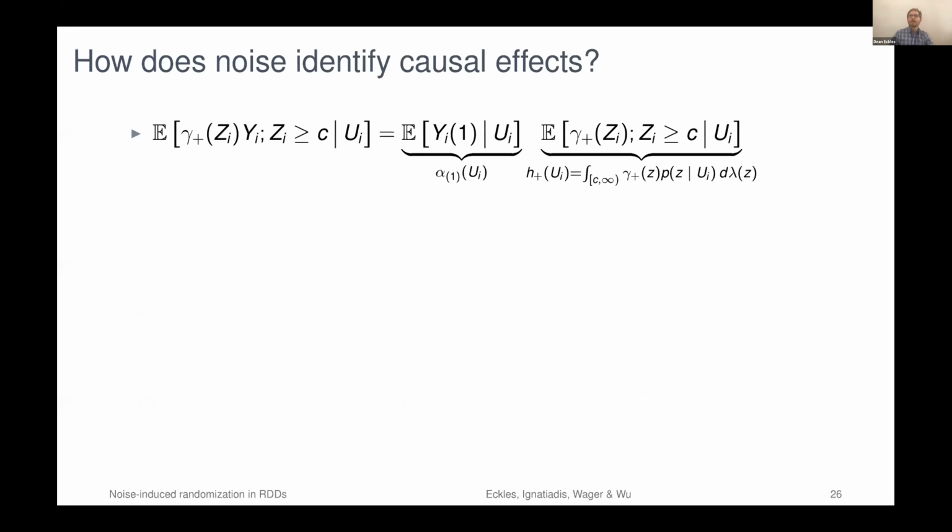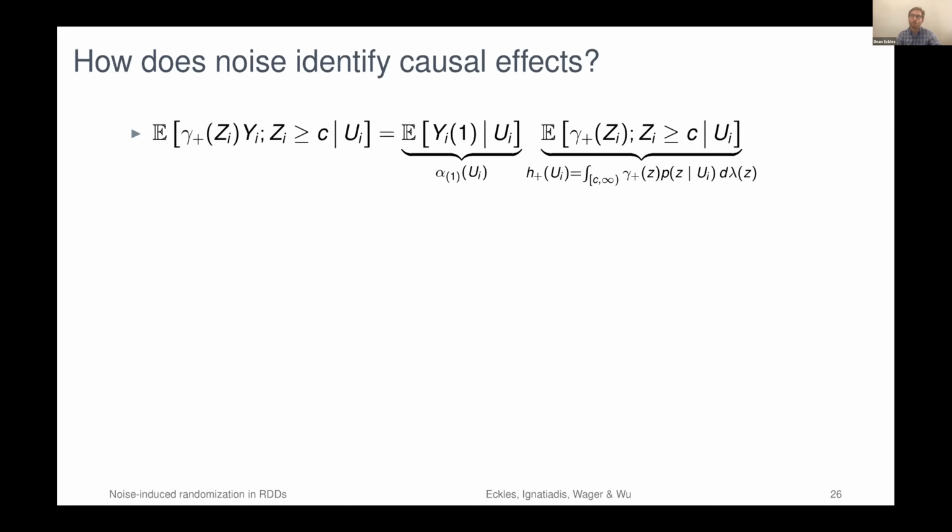So how exactly is this noise going to identify our causal effects? Let's think about the key ingredient to our estimator, which is this weighted outcome, where the weights depend on the noisy running variable, and the expectation of that as a function of the latent variable. We can decompose that into this first term, which is what we're going to call these alphas.